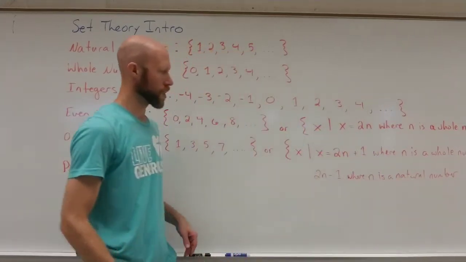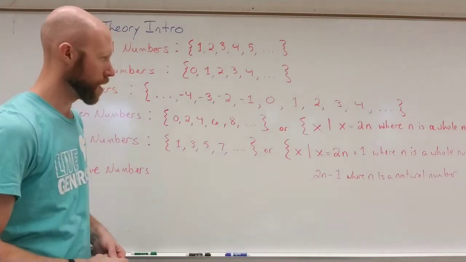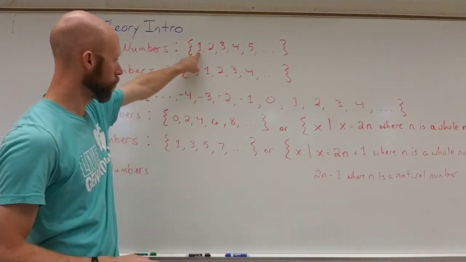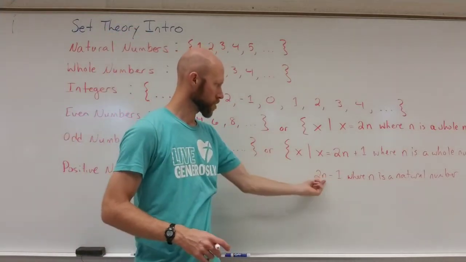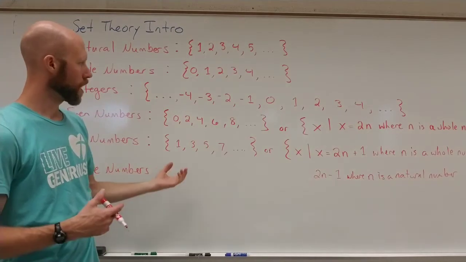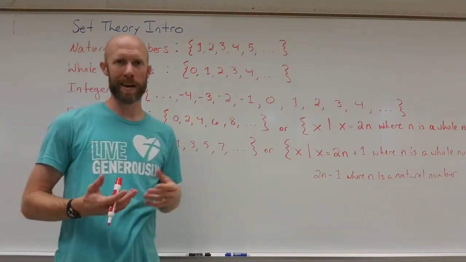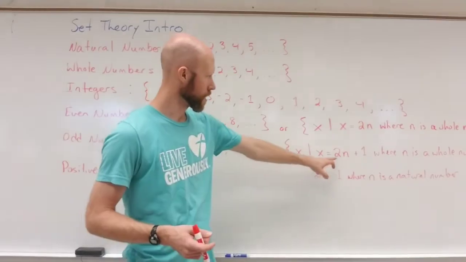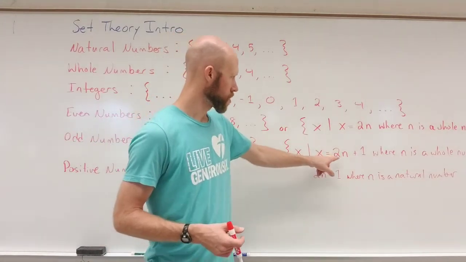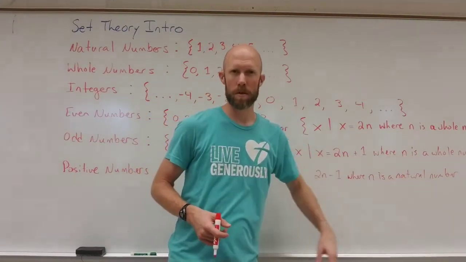And that will give you the exact same set. It's a slightly different definition because you're starting with a different number. You're starting with 1, you double it to get 2, and then subtract 1, and you get 1 back, and that gives you the first number. So in order to get 1 as your first number and not -1 or something, you've got to get the proper consistent definition, right? So 2n plus 1 for whole numbers, 2n minus 1 for natural numbers, just depends on what you're plugging in.